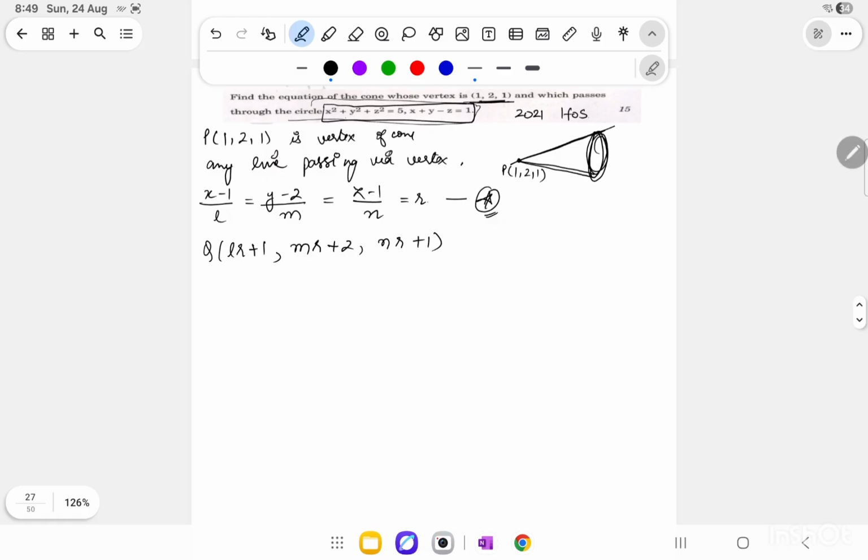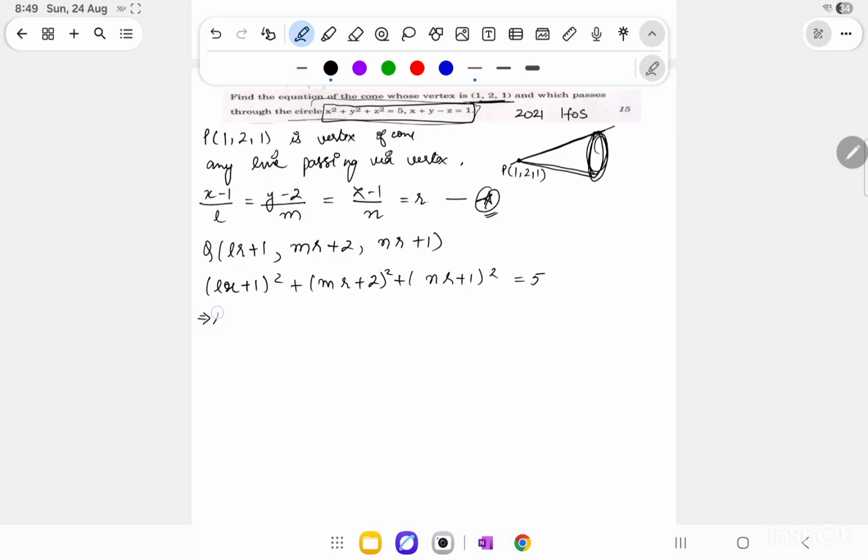So point Q must satisfy the equation of the base curve, because it will intersect the base curve to form the cone. If we substitute the value of Q in the base curve, we get (lr plus 1) square plus (mr plus 2) square plus (nr plus 1) square equals 5.